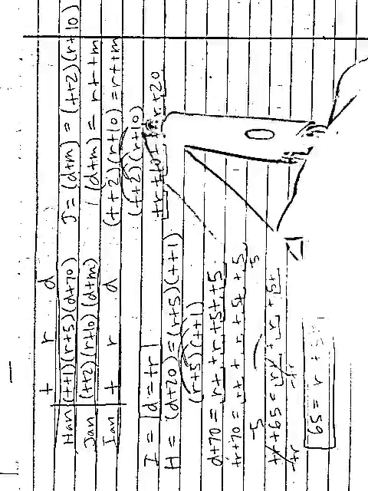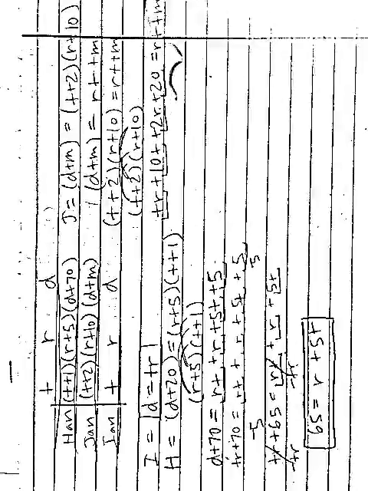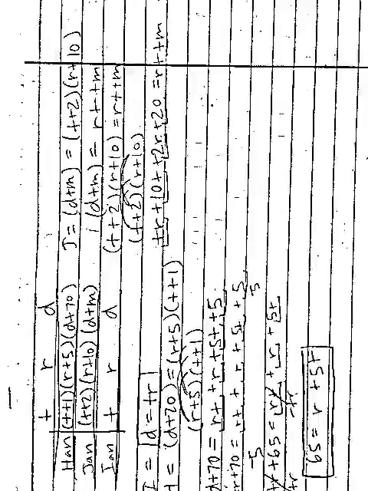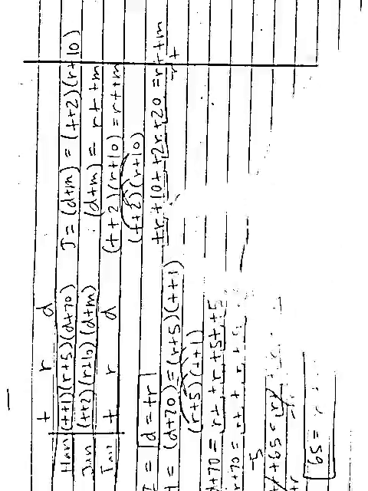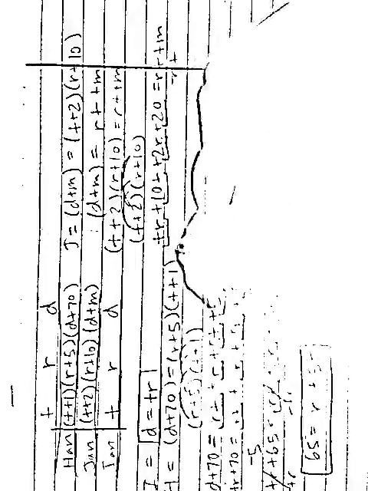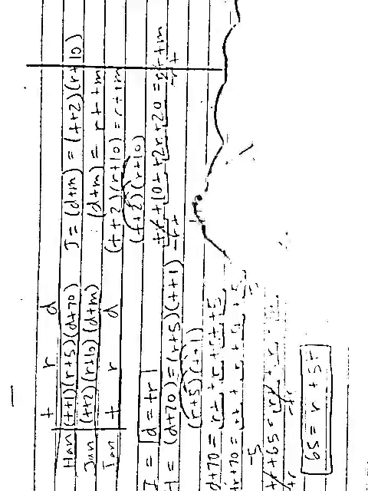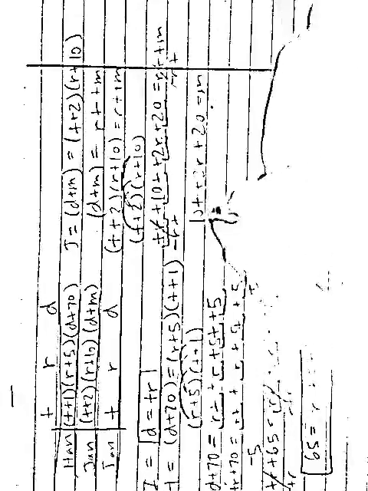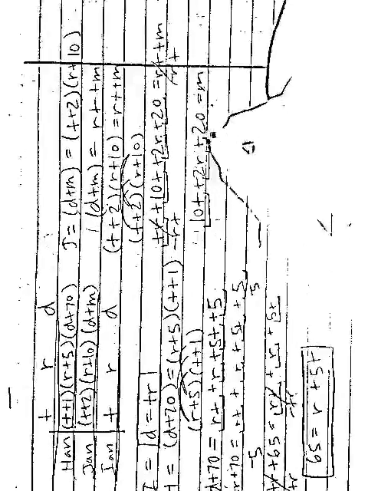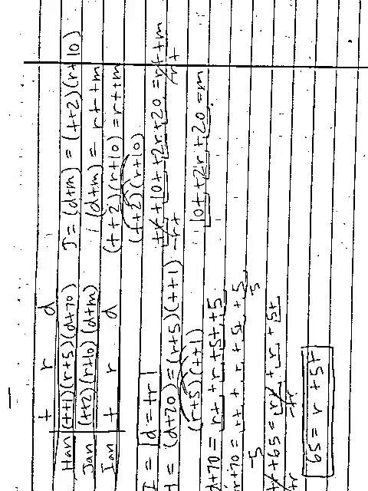And then this equals RT plus M. If I subtract RT or TR, they're the same thing, then these cancel out, and it'd be 10T plus 2R plus 20 equals M.